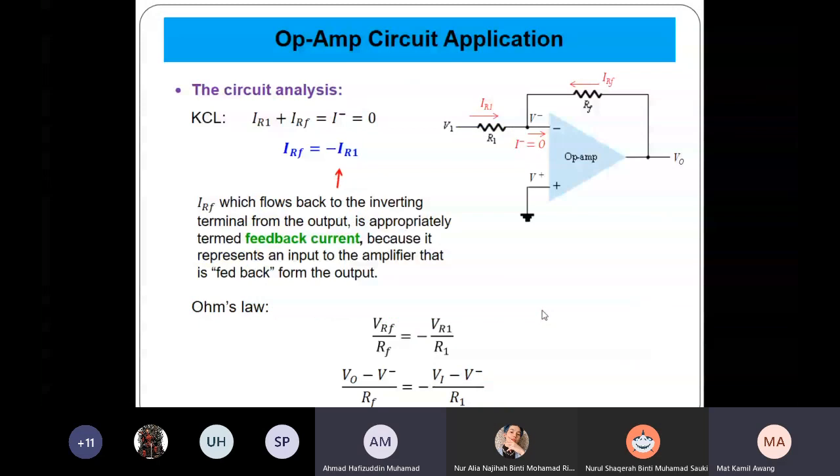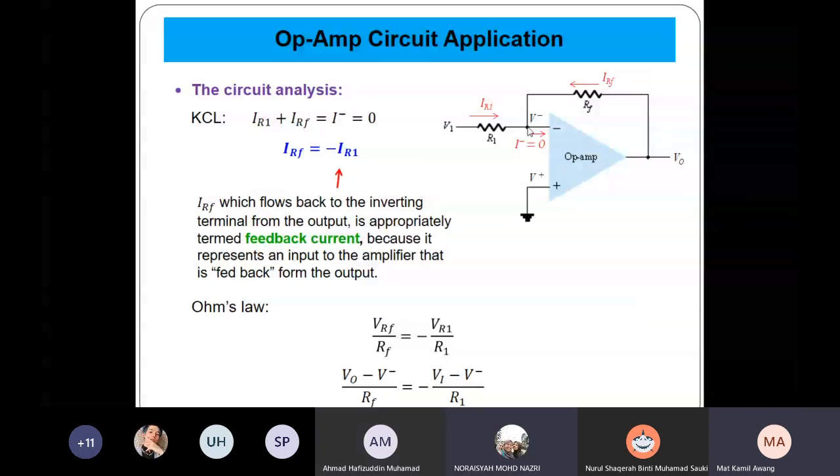So now we are going to analyze the inverting amplifier. So now we have this circuit and we know this is the ground. So using the KCL at this point, what is KCL? The Kirchhoff current law. What does it say? The summation of current entering a node is equal to the summation of the current leaving the node, right?